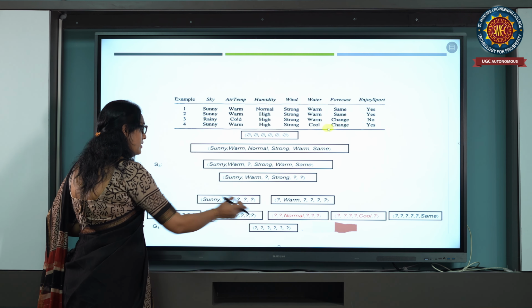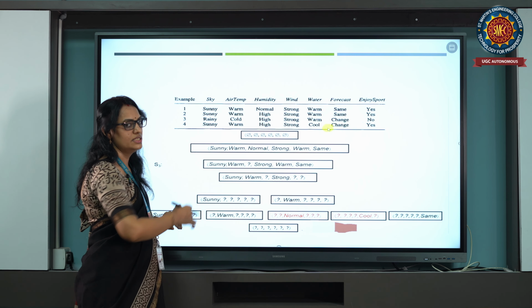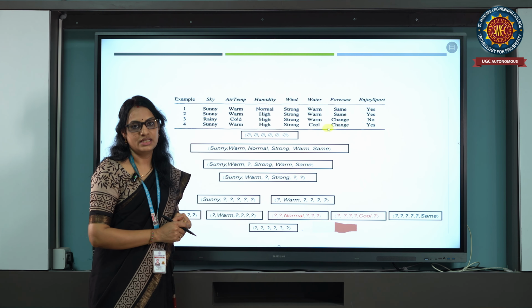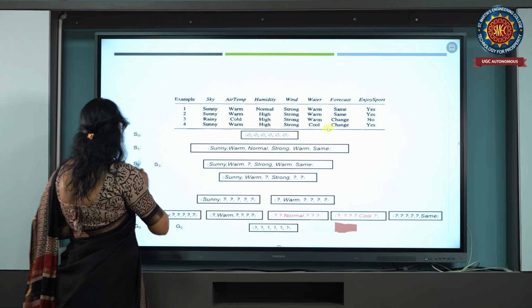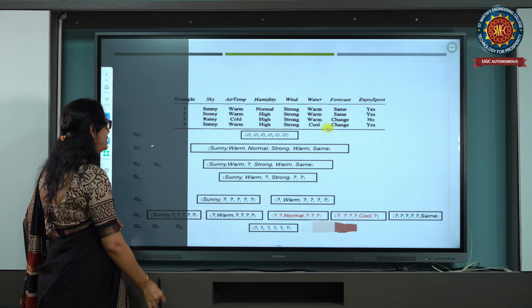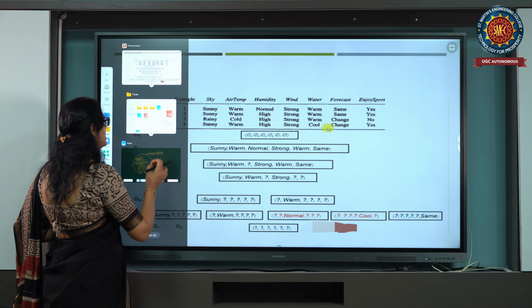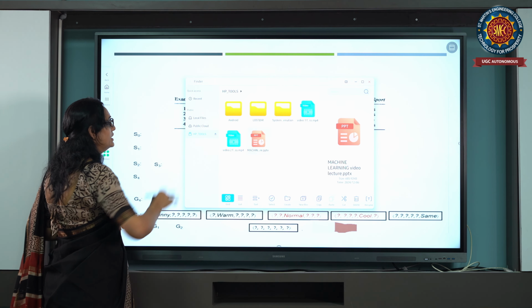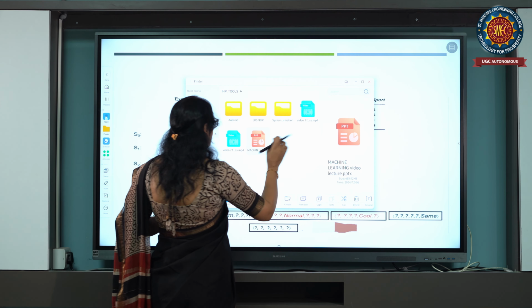So here we are checking whether these both are consistent or not. What is the meaning of consistent? I will show you with a video here. Consistent means it is consistent with each and every example.